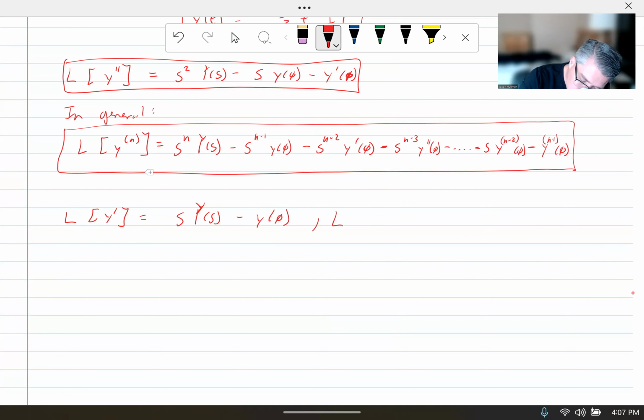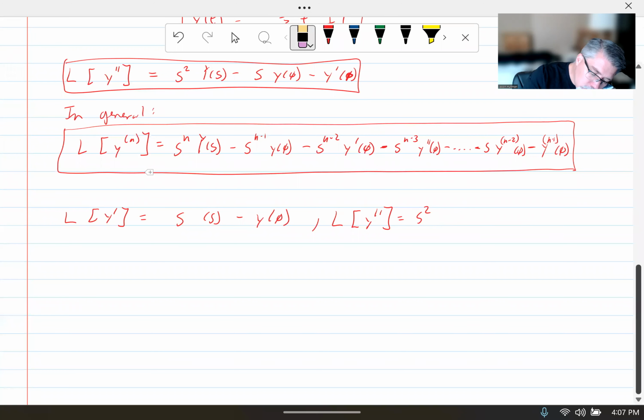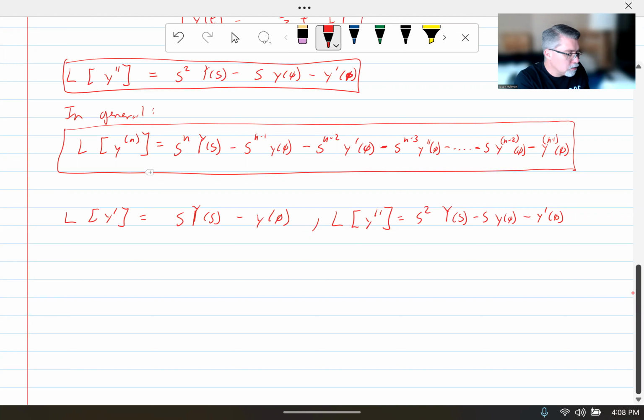And L of y double prime is equal to s squared Y of s, it's hard to make my capital Y's, minus s times y naught minus y prime naught. Okay, so we're going to use those two to get the answer to a second order differential equation.